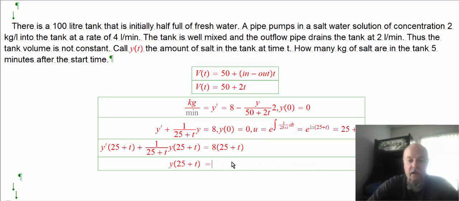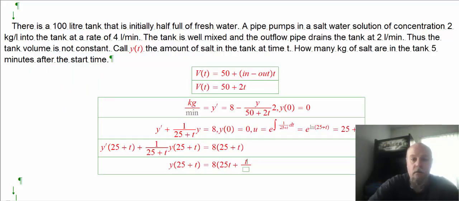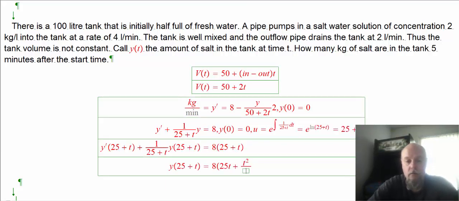I need to integrate this side. That's a constant, so 25t plus t squared over 2 plus a constant.